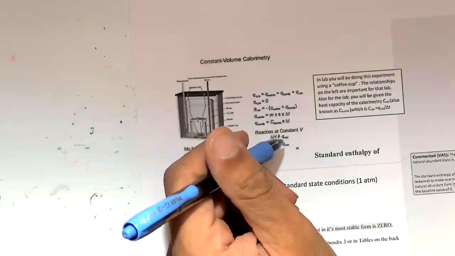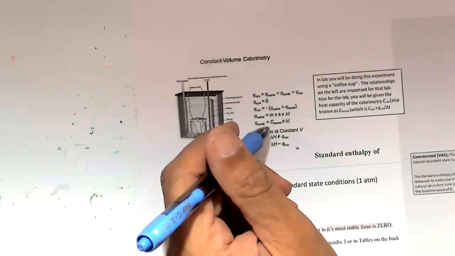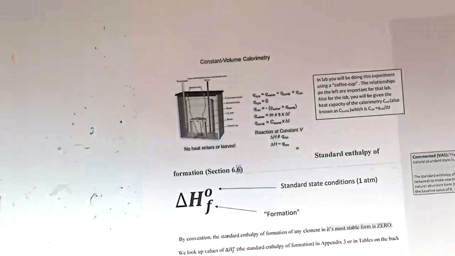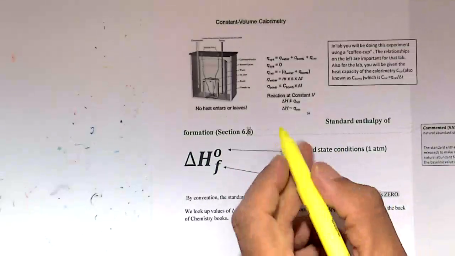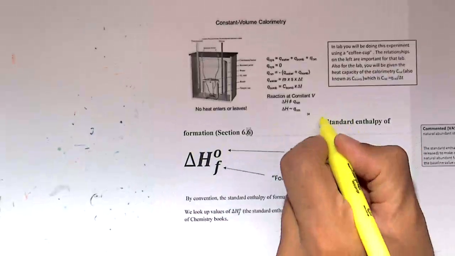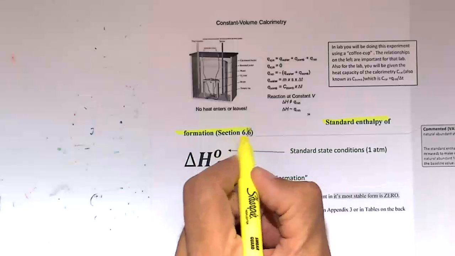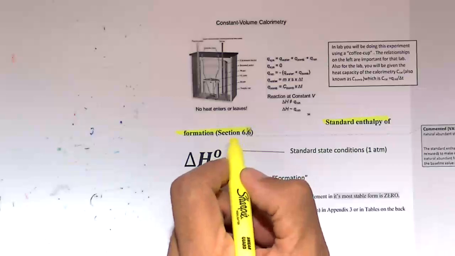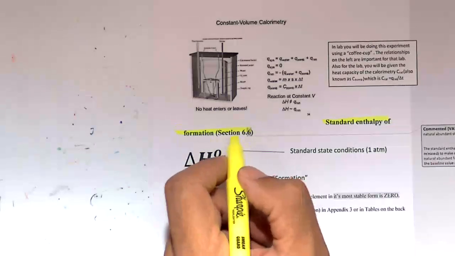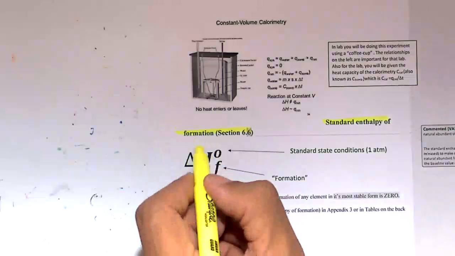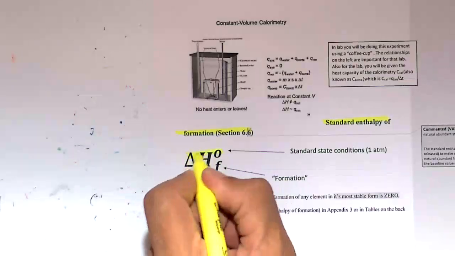You guys will have a lab doing this sort of stuff, enthalpy of a reaction, so you can look forward to that. I mentioned a little bit about standard enthalpy of formation. This is the textbook, the old textbook, but if you're using the PDF textbook, it's a different chapter, different section.